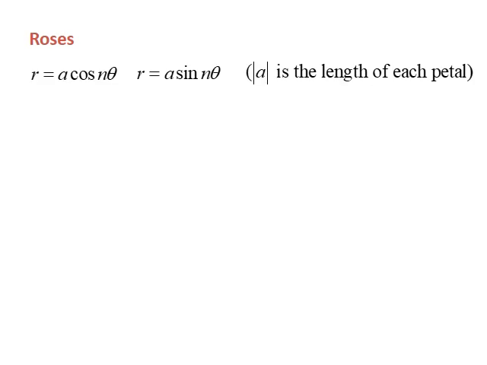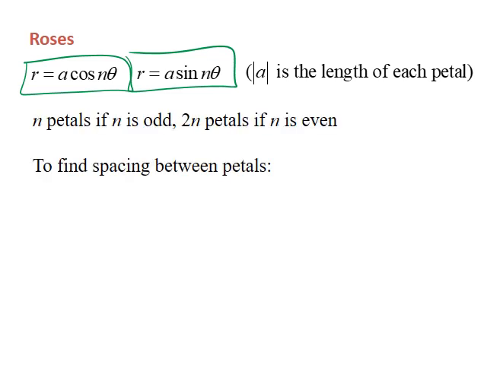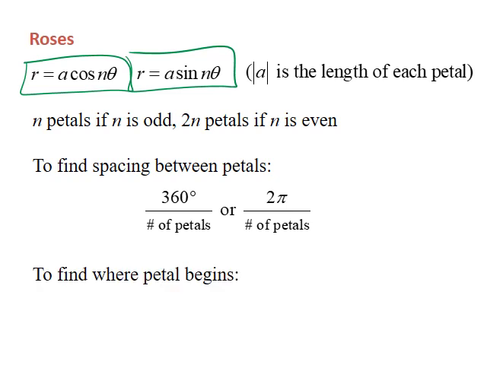In this section, you will also see information regarding roses. These take on this or this parent function, if you will. And depending on how that function is altered, it will change the way the rose looks. So here it gives you some different information regarding the graphs.